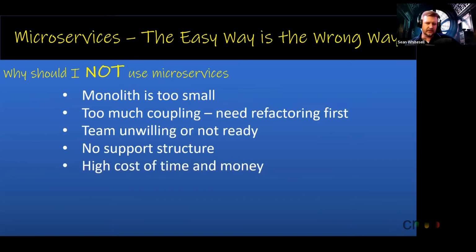But the other reasons why you should not do a microservice is if your monolith is just too small, and that's a relative term, that's your judgment call. But the idea is that it may actually be quicker and cheaper on your business needs to just simply duplicate the monolith across multiple servers using configuration flags so that each instance is told what it should actually process instead of going to a microservices architecture.